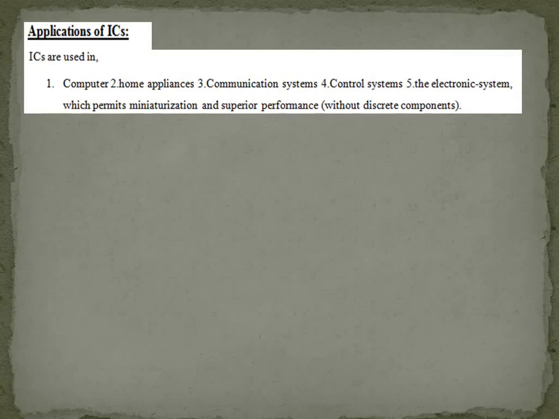Now let us see the applications of integrated circuits. Integrated circuits play a vital role in various applications such as computers, home appliances, communication systems, control systems, and electronic systems, which permit superior performance. And the disadvantages: normally ICs have a few disadvantages.